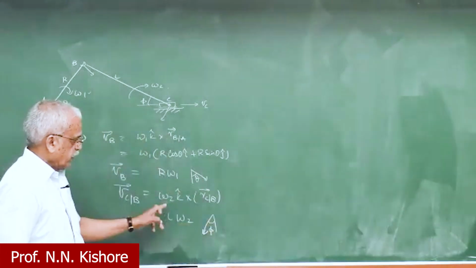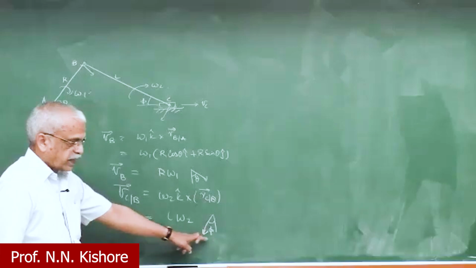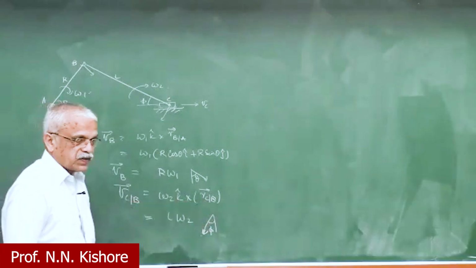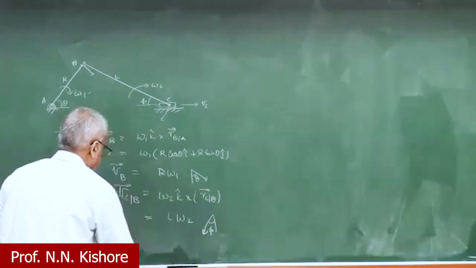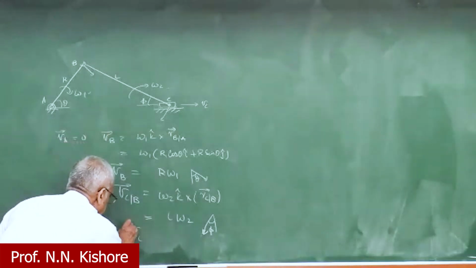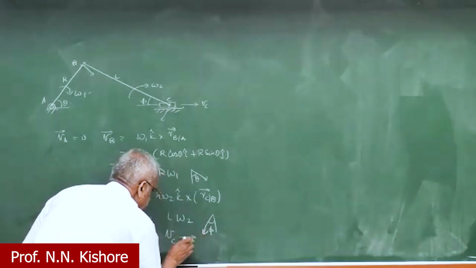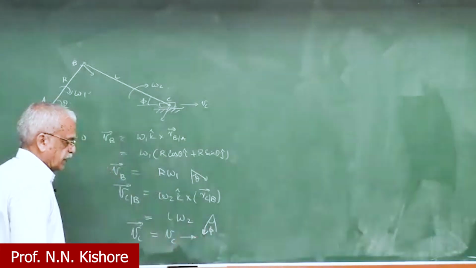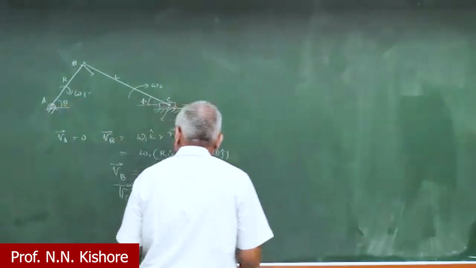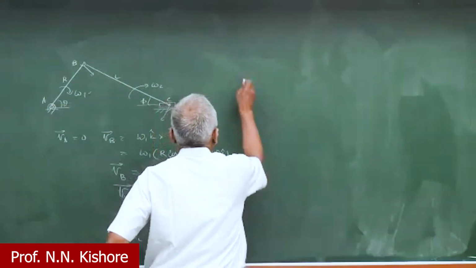Either you represent it in this manner or write it in this manner, both are equally good enough. So finally, what is the velocity of C? The velocity of C is known to be in the horizontal direction. All these things we can put together as follows.